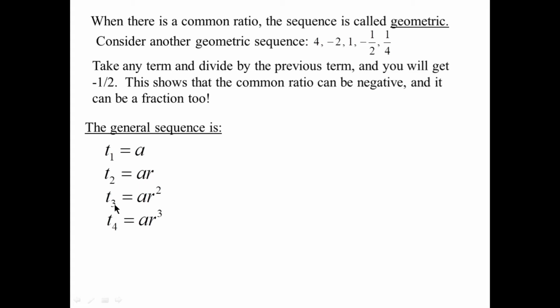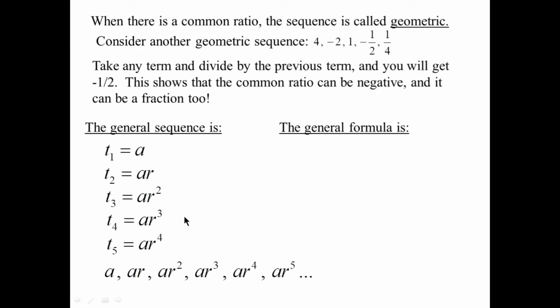So if this is t sub n, this will be ar to the n minus 1. The general formula is t sub n is ar to the n minus 1.